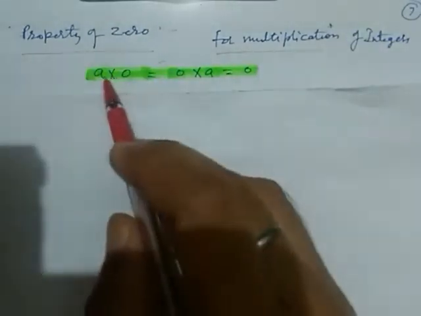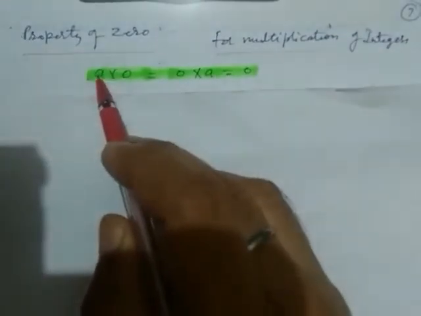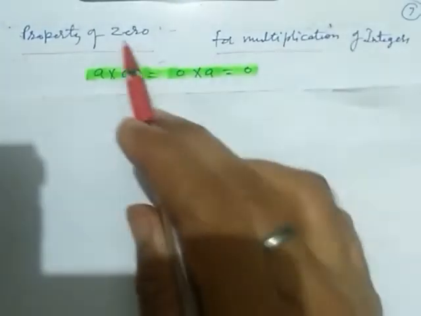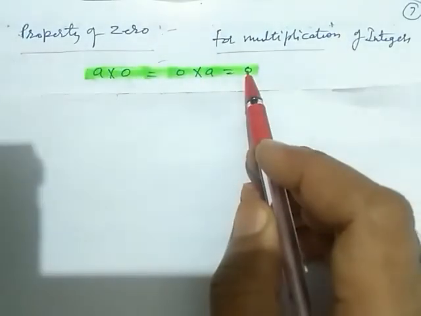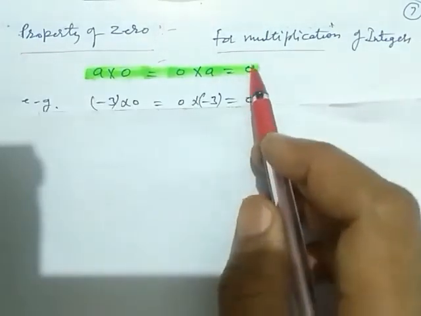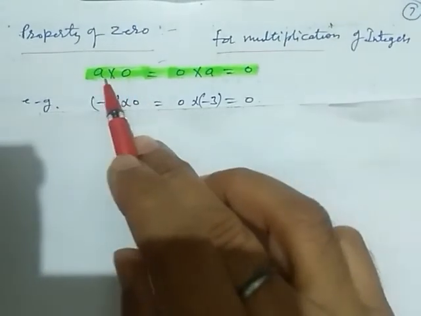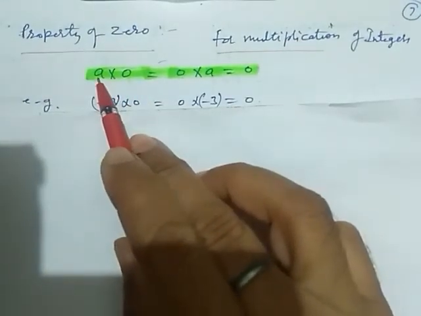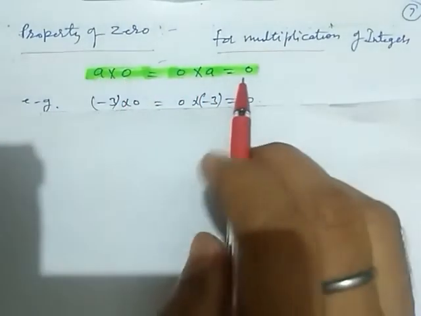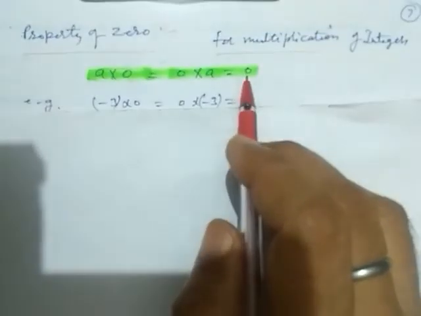When we multiply any number with 0, we receive 0. This is the property of 0. And 0 is an integer, so when we multiply any integer with 0, we also get 0.